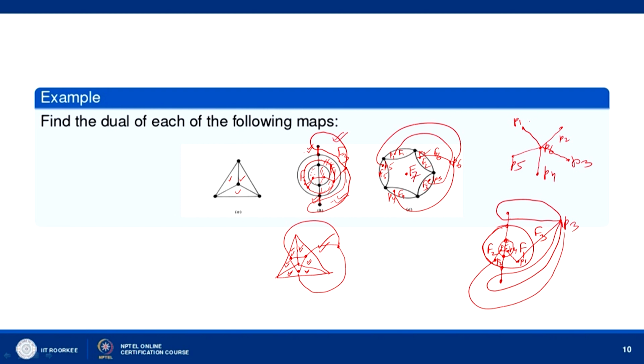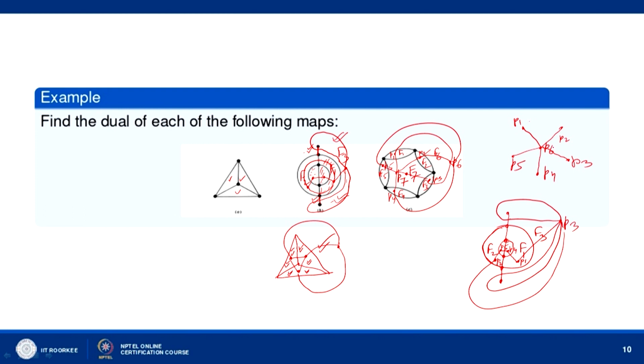So, I can take this one as P7. This F7 has a common edge with F1, F2, F3, F4, F5. So, P7 will be joined to P1, P2, P3, P4, and P5.